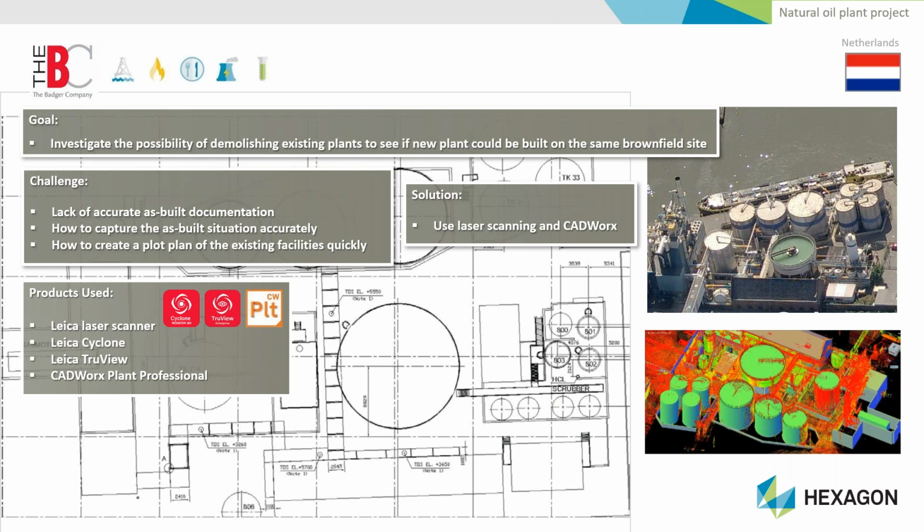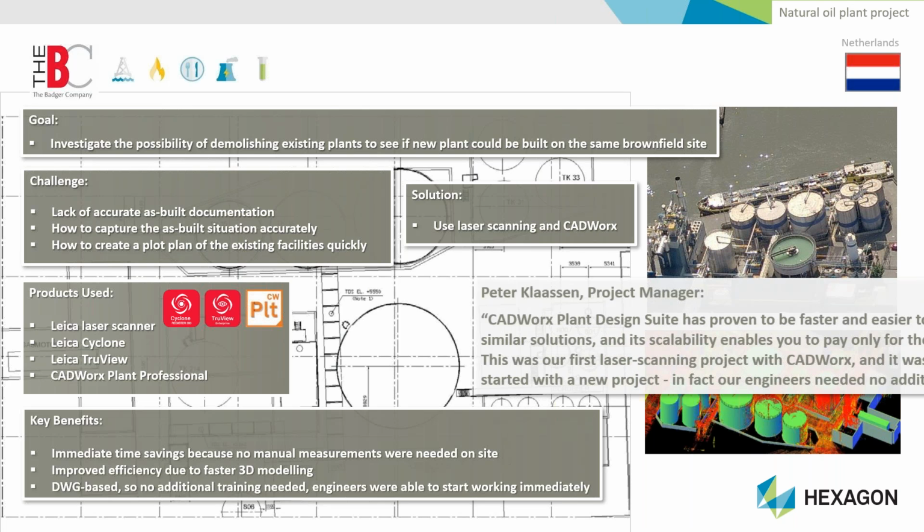TrueView used to obviously interact with the project stakeholders and to make decisions, and CADWorx Plant Professional to create the model that you see in the bottom right of the screen here, which didn't, of course, have to be overly complicated. Just needed this overall layout of the major equipment items to create the plot plan that you see here.